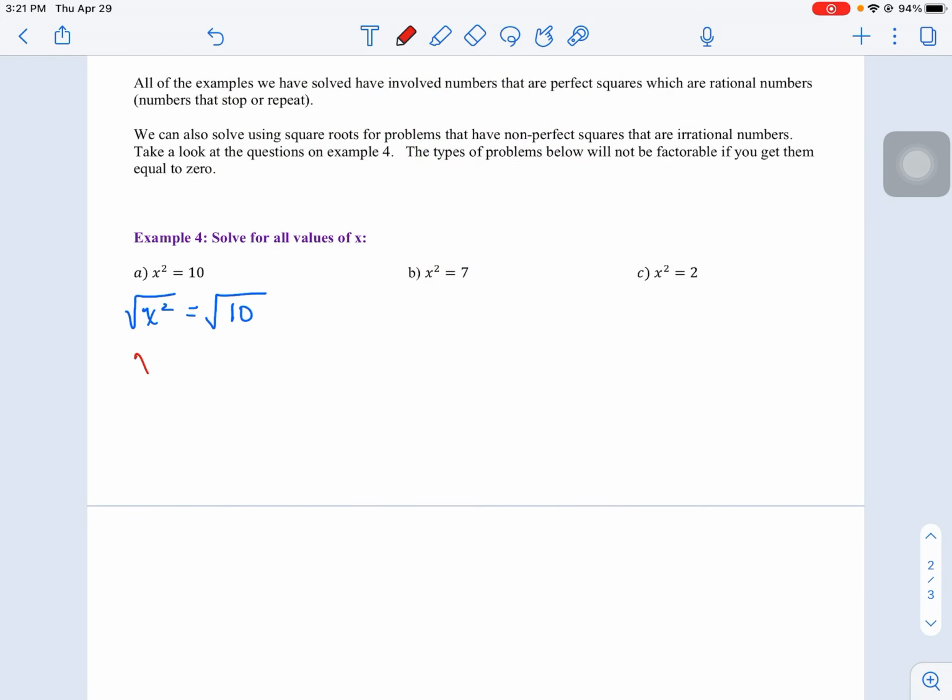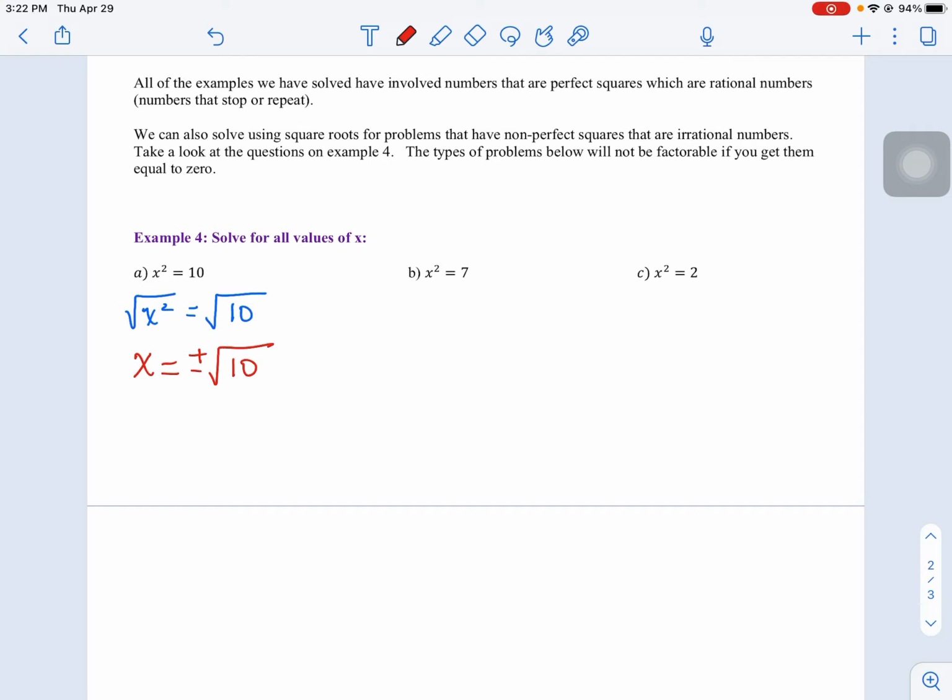The square root of x squared is x. What times itself gives me x squared? X. The square root of 10 is irrational. If you put it in your calculator, you're going to get a big long decimal. Just leave it as plus and minus the square root of 10. That's all you have to do for that.